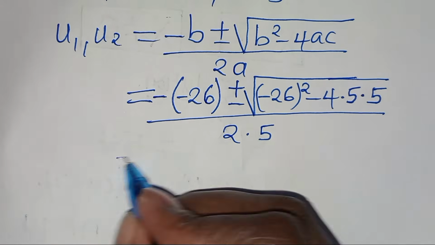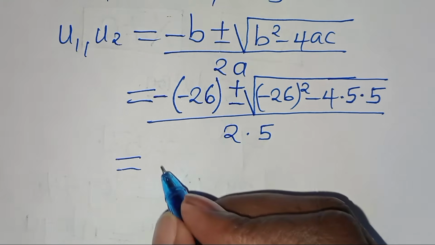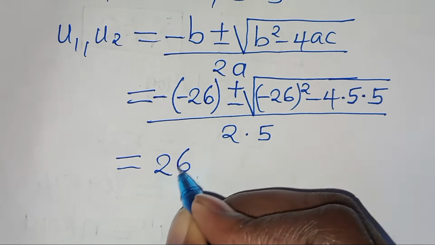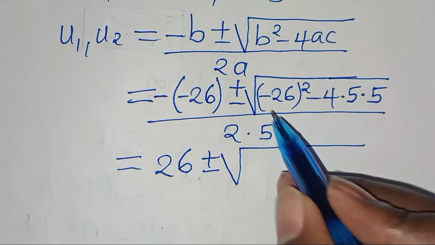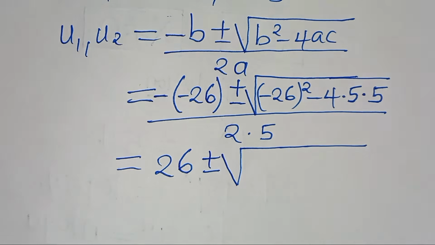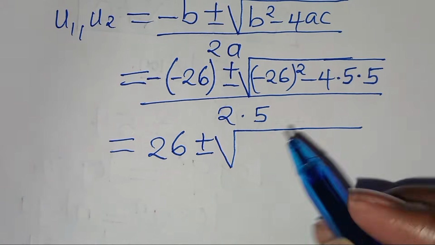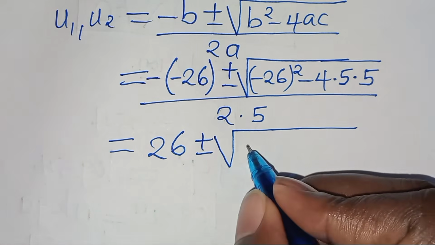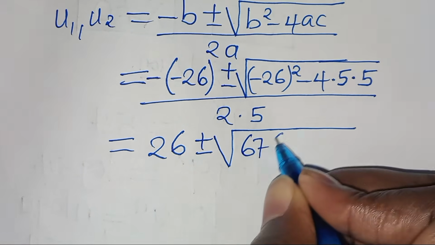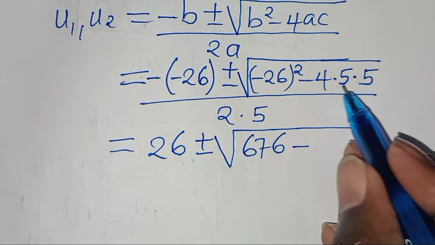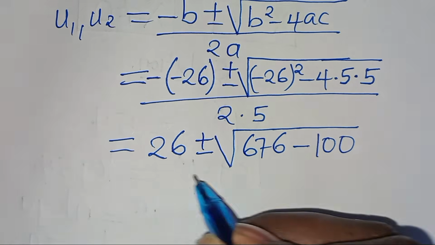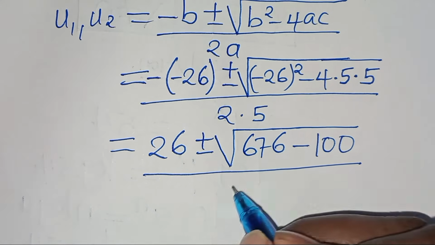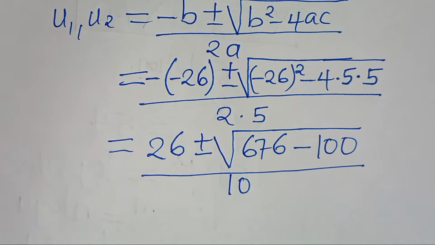So here we have minus times minus 26. This is plus 26 plus or minus the square root of, now we have minus 26 squared. Minus 26 squared is actually 676. Then subtract 4 times 5, which is 20 times 5. This is 100. Divided by 2 times 5, this is 10.